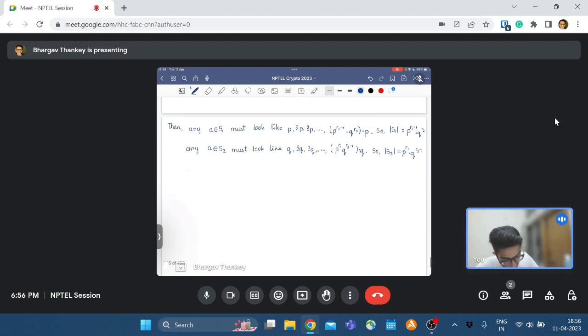And similarly, any A in S3 must look like this. So every A in S3 is divisible by both P and Q, so it must look like this. And till where can this go on?